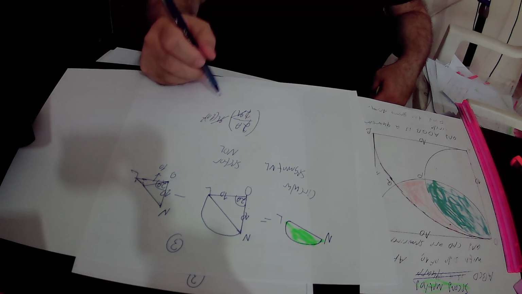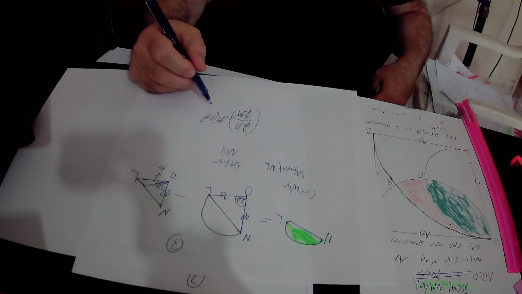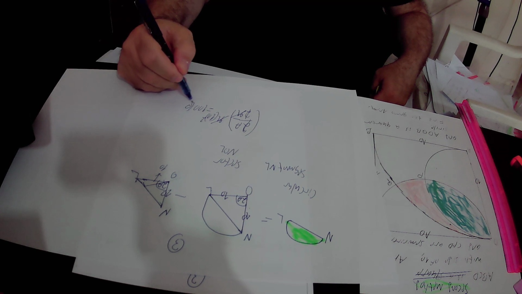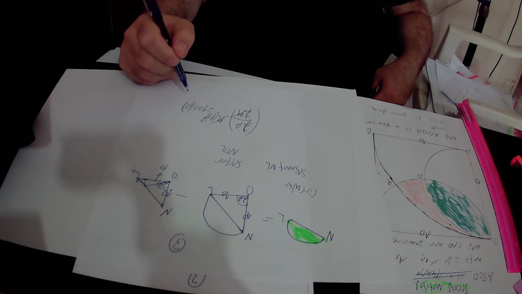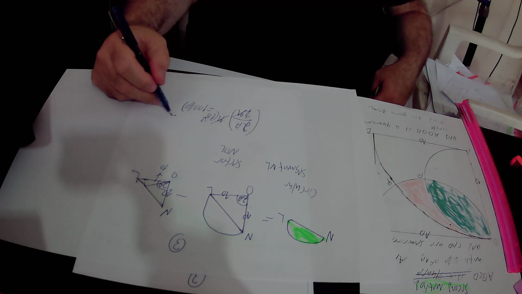So in conclusion, the area of sector NOL equals 10 squared, which is 100, times theta, or 100 theta, minus the area of triangle NOL.